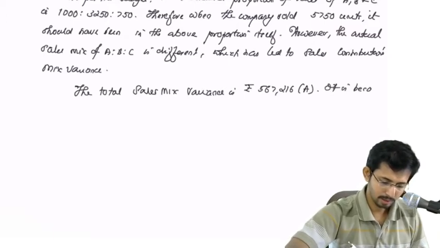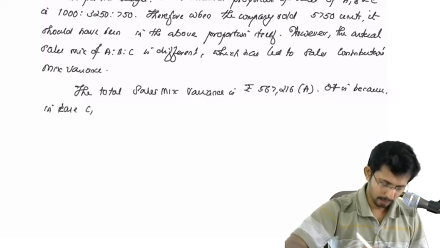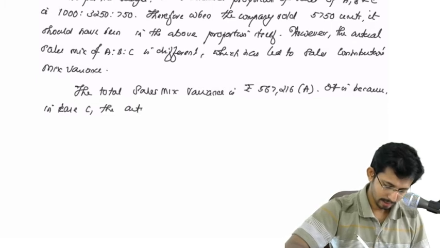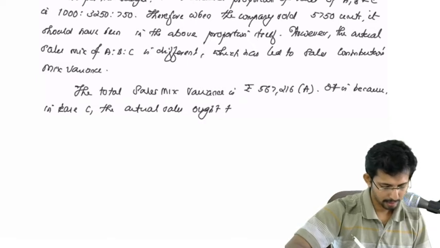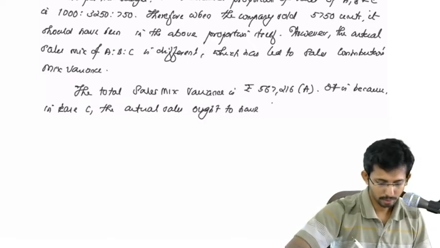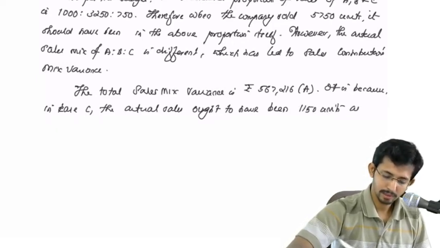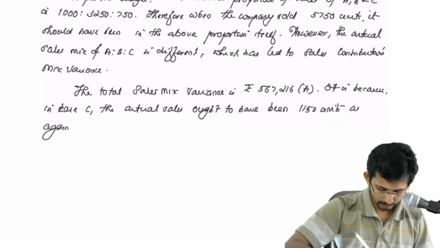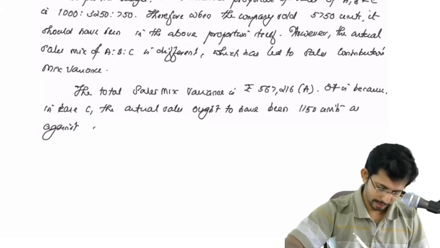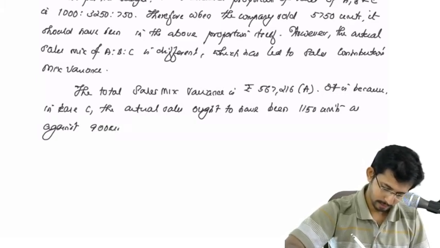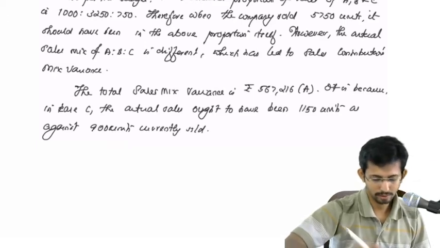It is because in case of C1 the actual sales ought to have been 1150 units as against what? 900 units actually sold.